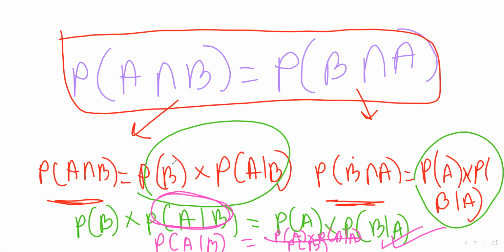And these have specific names. These are just the terms used in Bayes theorem. This is called the posterior probability. This is called the marginal probability.